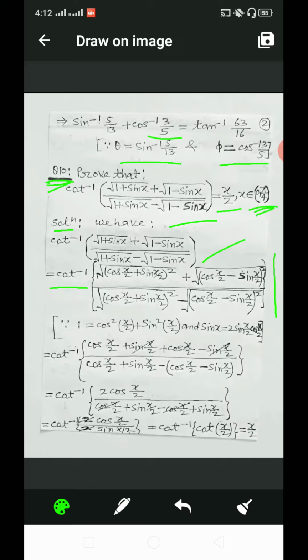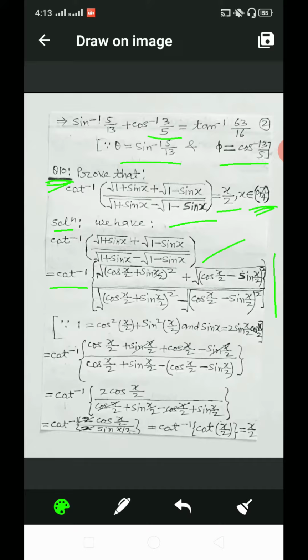And between 0 to pi by 4, the value of cos x by 2 is greater than sin x by 2. So, for the minus sign, we use cos x by 2 minus sin x by 2.